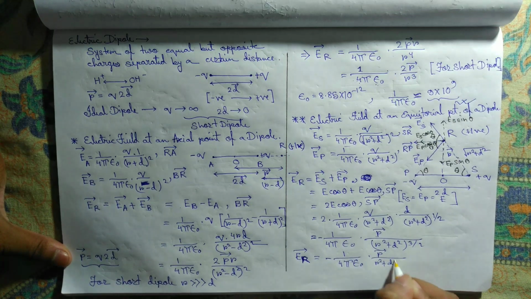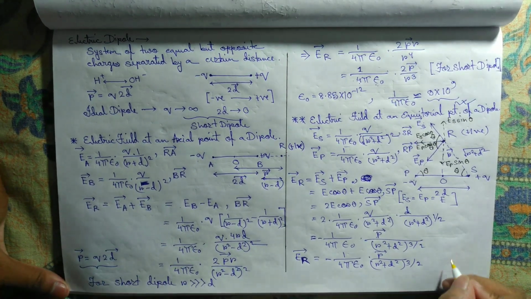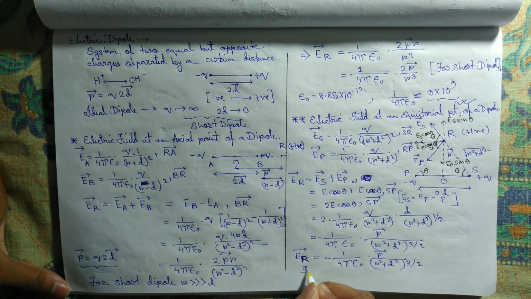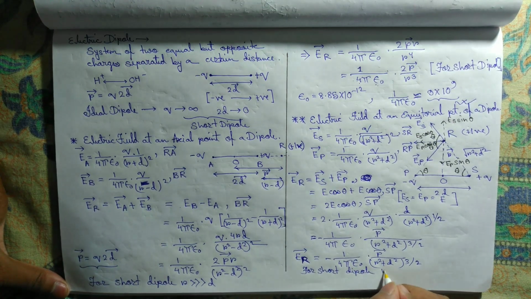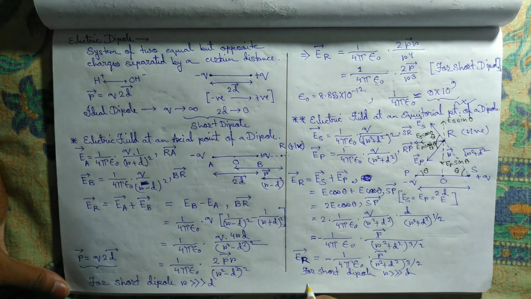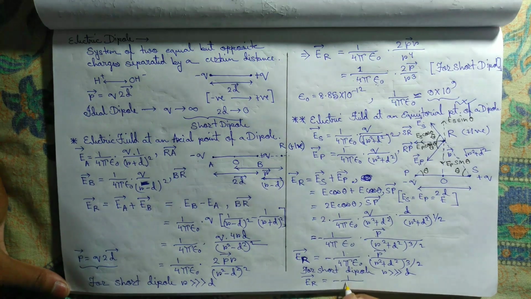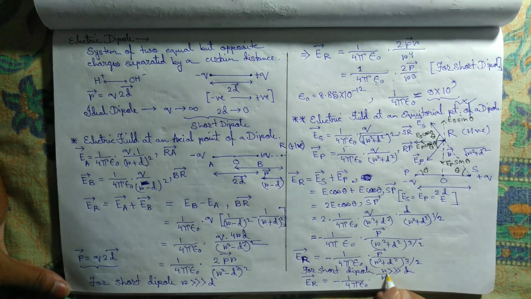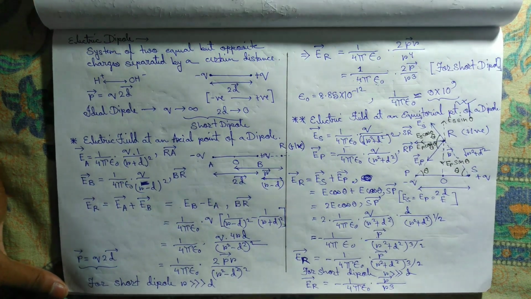Okay. Now for a short dipole, we know R is very much greater than D, so you can say D is negligible. So the resultant electric field will be minus 1 by 4 pi epsilon naught into P by R cube.